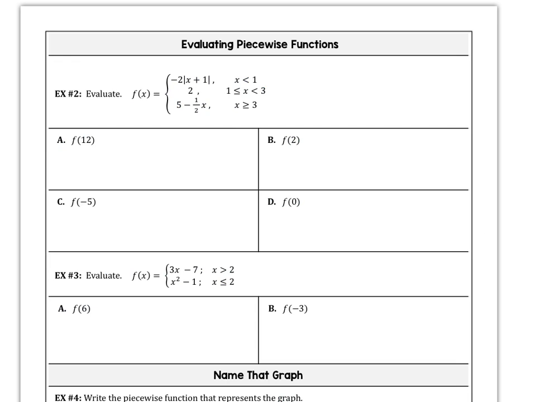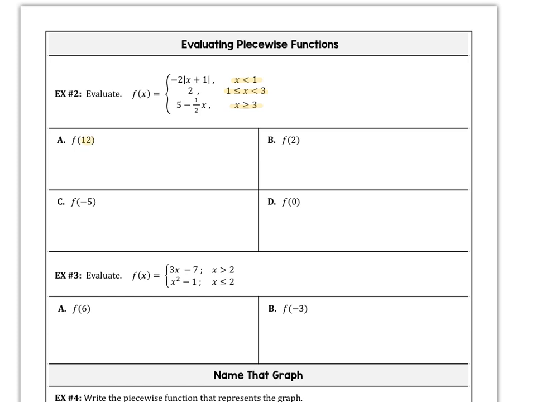Okay, so when we evaluate piecewise functions, you have to pay attention to the domain here on all three of these, okay? Because we have to look at the x value they give us and determine which formula or which function piece I'm going to use based on where the x value falls in the subdomains here.